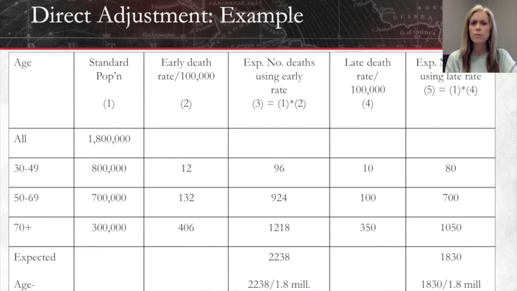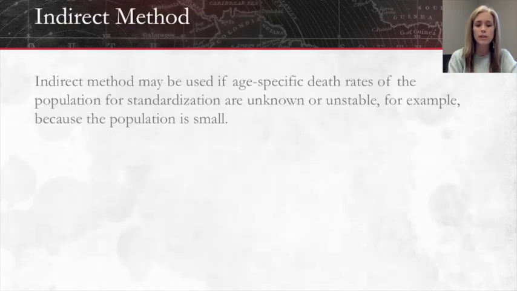That's really important because if you were to look at crude rates, it may seem like more people are dying, but in reality there's a larger percentage of the population in the older age group, so it's not that more people are dying. That's why it's really important that you look at age-adjusted rates.